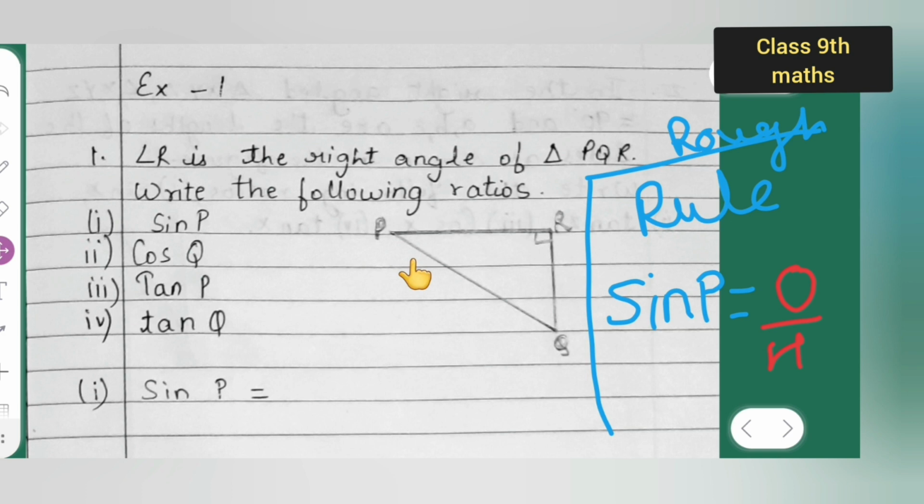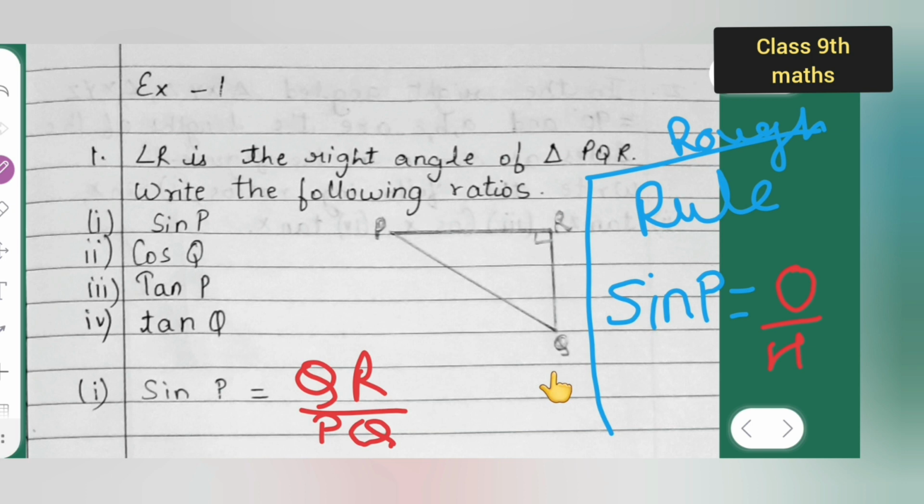So you'll have to write down QR upon the hypotenuse. The hypotenuse is nothing but PQ. So we found out sin P is QR upon PQ.